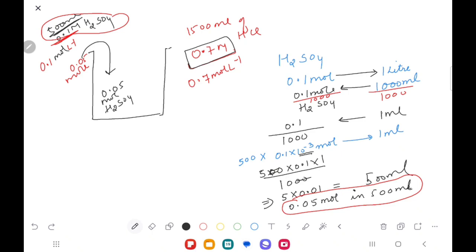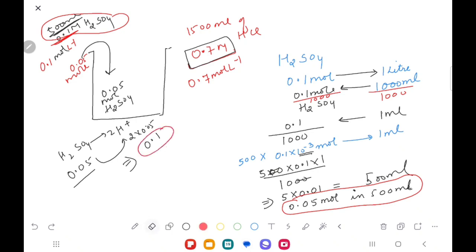Okay, that's fine. And 1 mole of H2SO4, you tell me, gives me 2 H plus, isn't it? So 0.05 mole shall give me how much? 2 times 0.05, which is going to be 0.1, isn't it? And if that is going to be 0.1, what do you understand from here? Tell me. We have 0.1 right here.